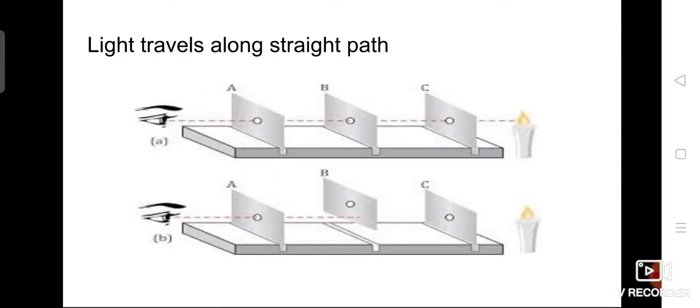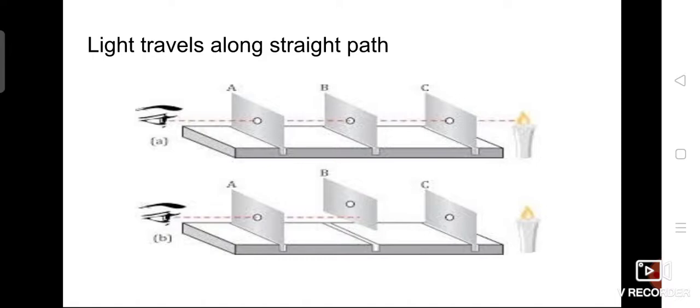Now, because we can't conclude with one experiment, we are going to demonstrate one more experiment. Here the picture is given, so you can check with this picture also. You need some plain cards. Make a hole at the center of each of them.